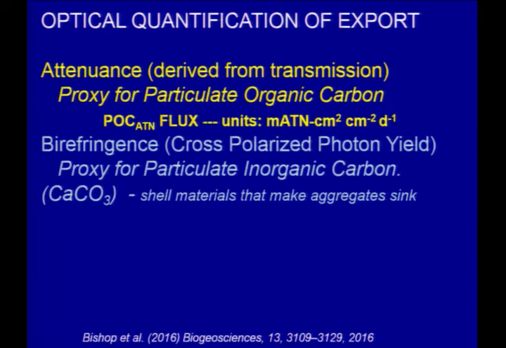And then there's birefringence, which is the cross-polarized photon yield. We have the light source as the reference. When the polarizers are crossed, in order to get a certain count on the imager, we have to adjust the shutter speed of the imager. So this birefringence or photon yield is calculated in absolute terms using the light source as the reference.